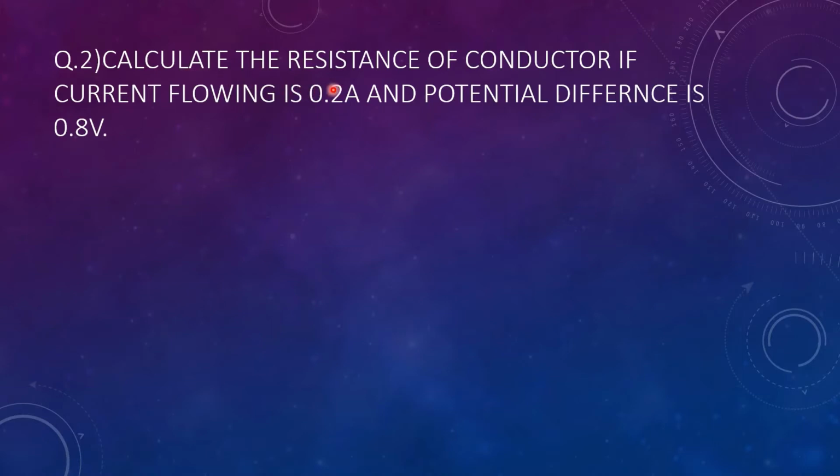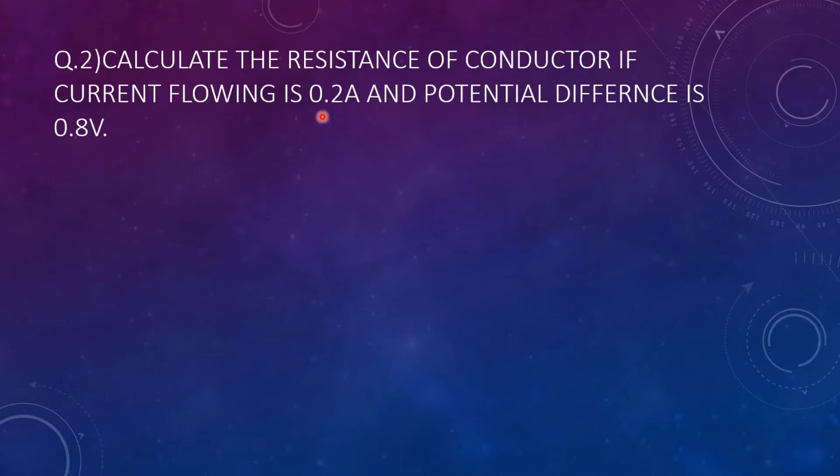calculate the resistance. Here R is the unknown quantity that we have to find. If current is 0.2 ampere, I is given, and potential difference is 0.8 volt. The value of R is to be found.